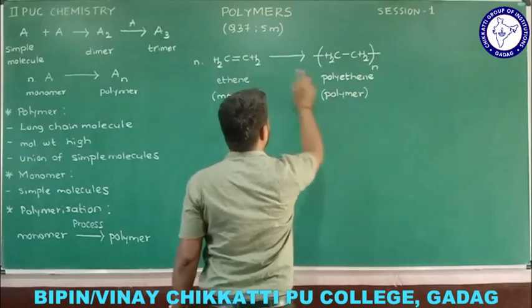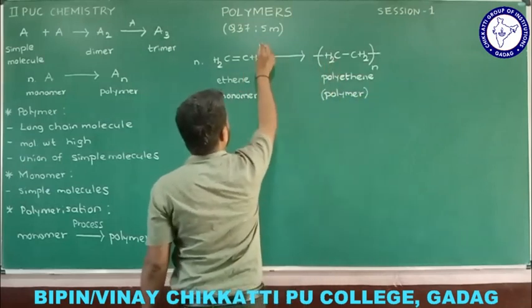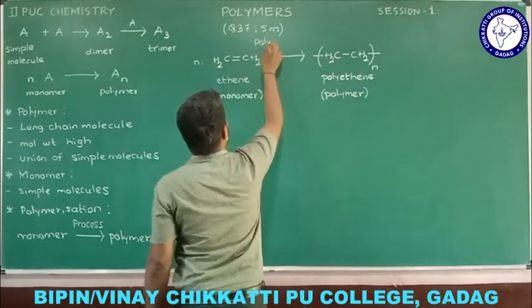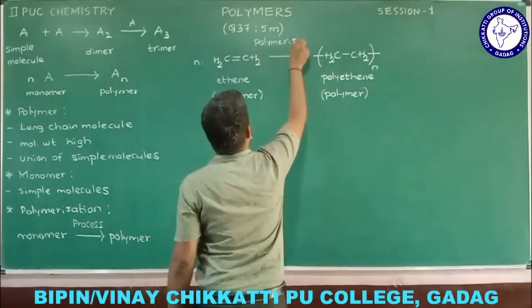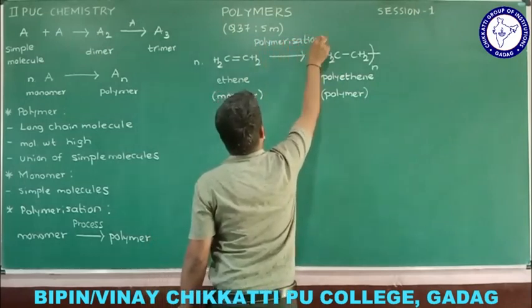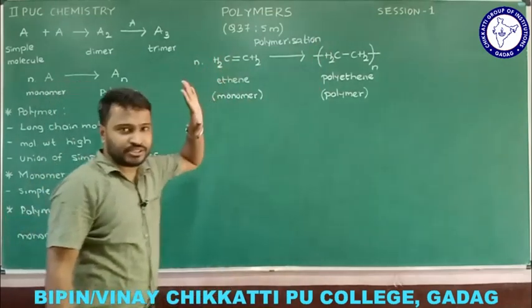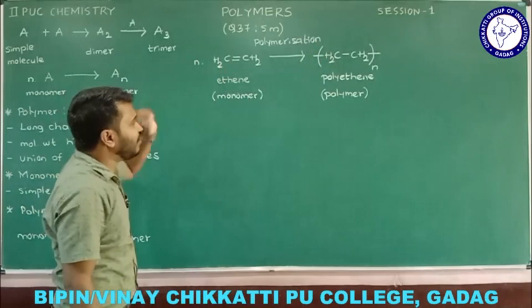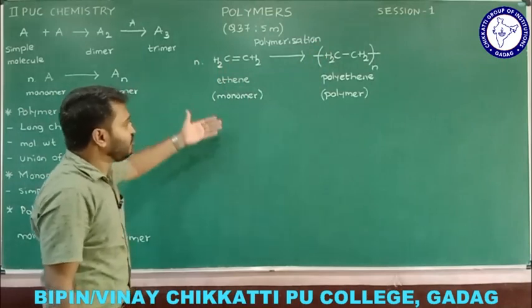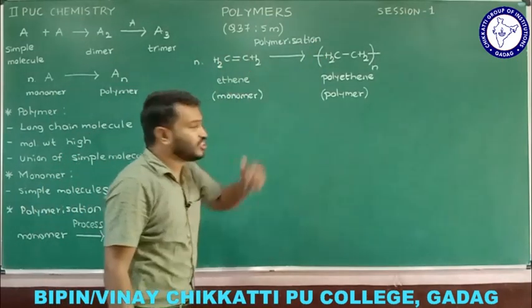And I told you already the process of what we are converting, and we call it polymerization. The process of converting monomer to polymer, we call it polymerization. So this is a simple example I can consider to explain the concepts of monomer, polymerization and polymer.